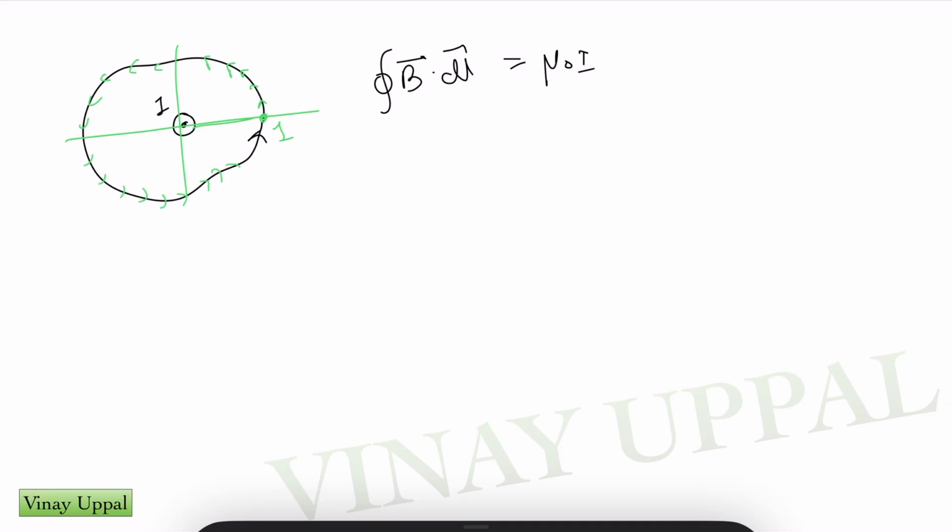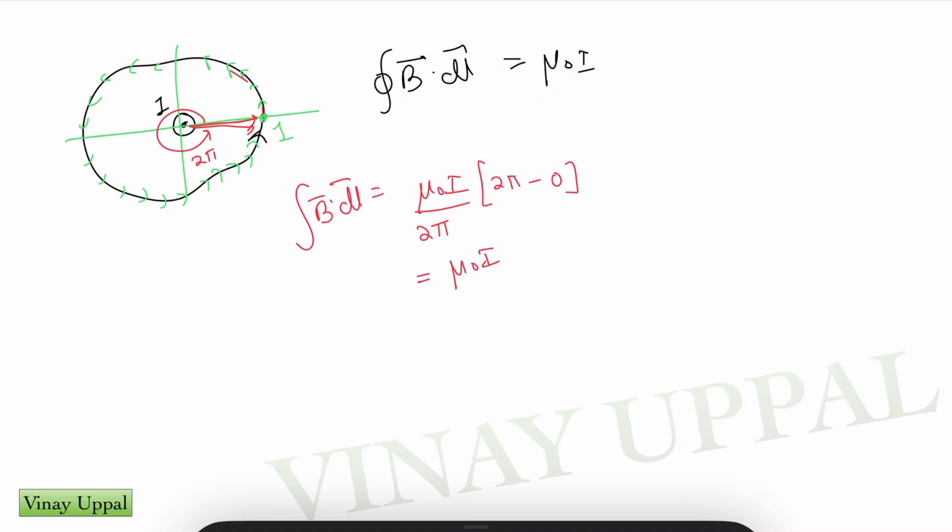Remember, we have to measure the angles with respect to the positive x-axis. So the first angle is 0, and the second angle, as you travel and come back here, will be 2π. So the integral of B dot dl would be μ0 I divided by 2π times (2π minus 0). And this is exactly what we know from Ampere's law.